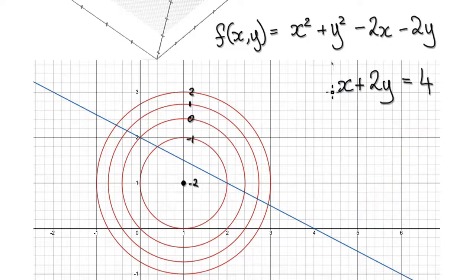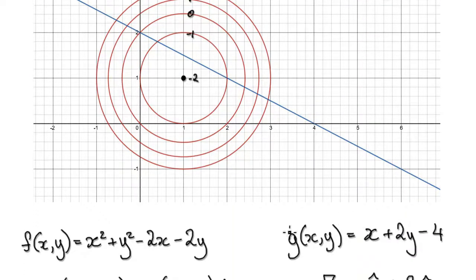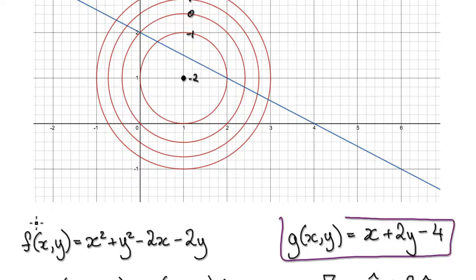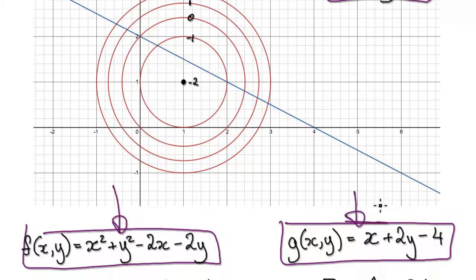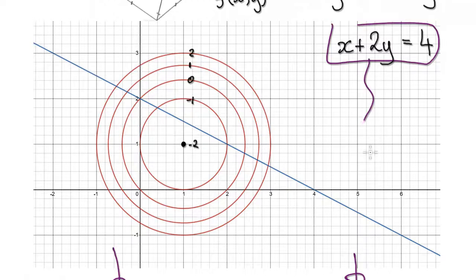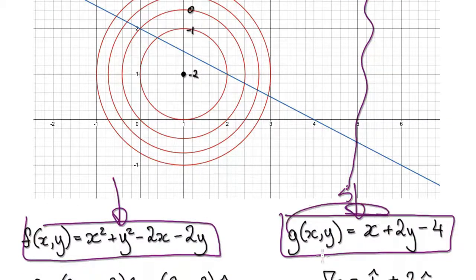So let's turn this into that function, which is this thing here, and this was our original function here, so that we can compute the gradient vector of this and the gradient vector of this. And I've already explained why in the previous video. So turn this into this function here, and then compute the gradient vector of both.